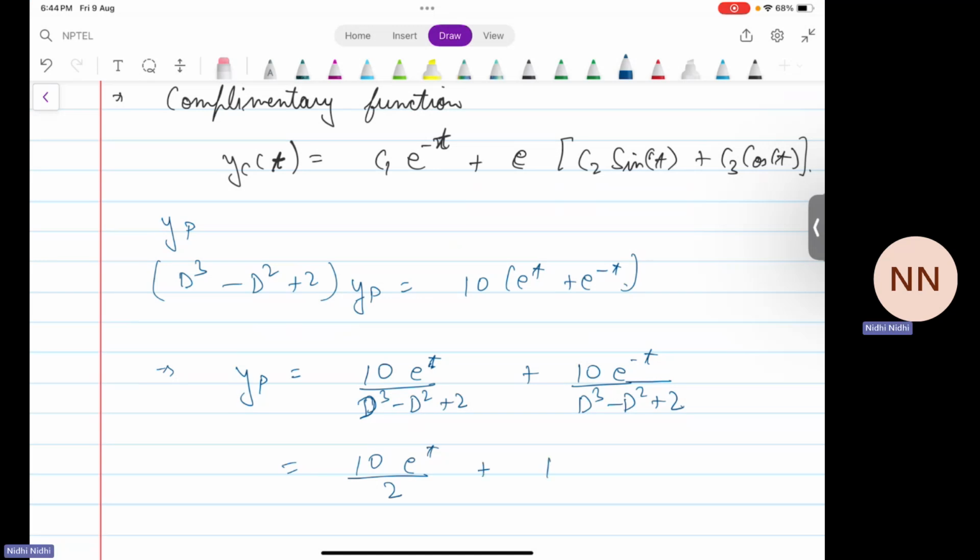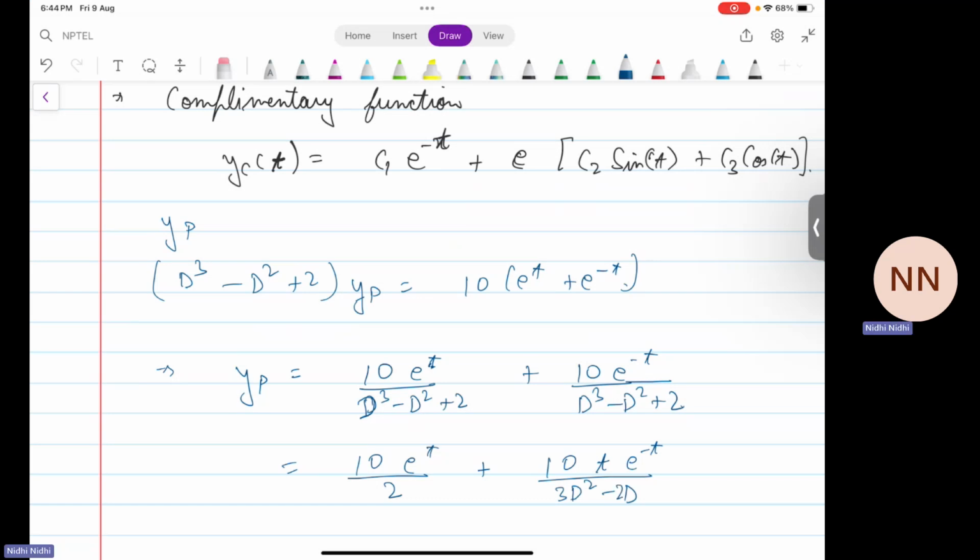But in the other case, we cannot put the value of D equals minus 1, because D equals minus 1 is a root of the denominator and it will make the denominator 0. In that case, we'll just multiply by t and then differentiate the denominator with respect to D. We get 3D square minus 2D.